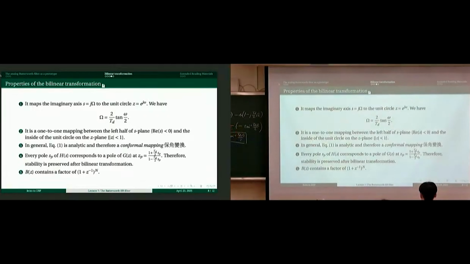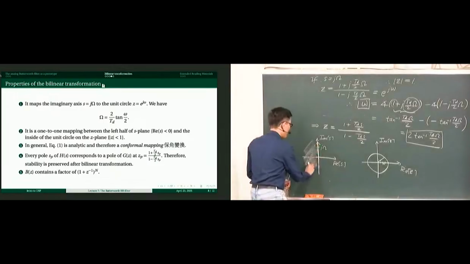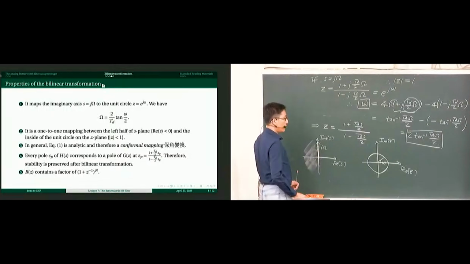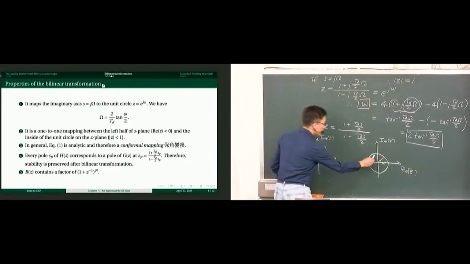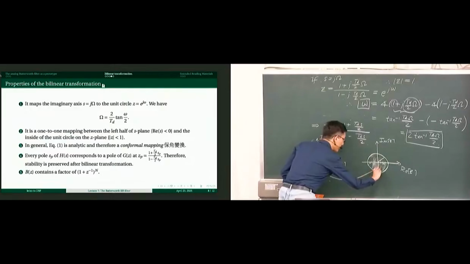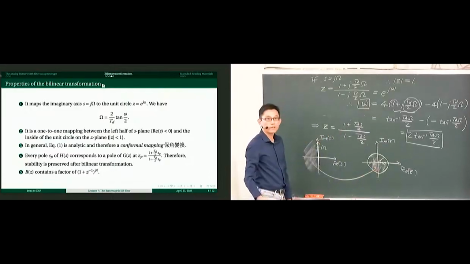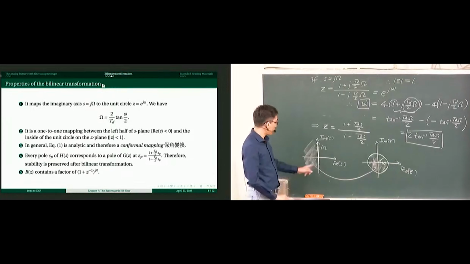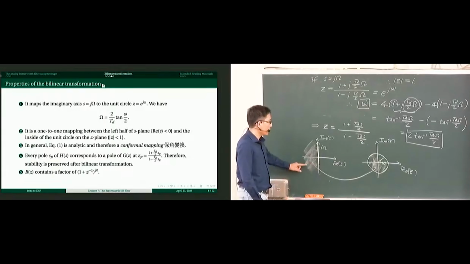The entire left half plane is mapped to the inside of the unit circle, okay? And you can also show that. But intuitively, this is a nice property about orientation of a contour.